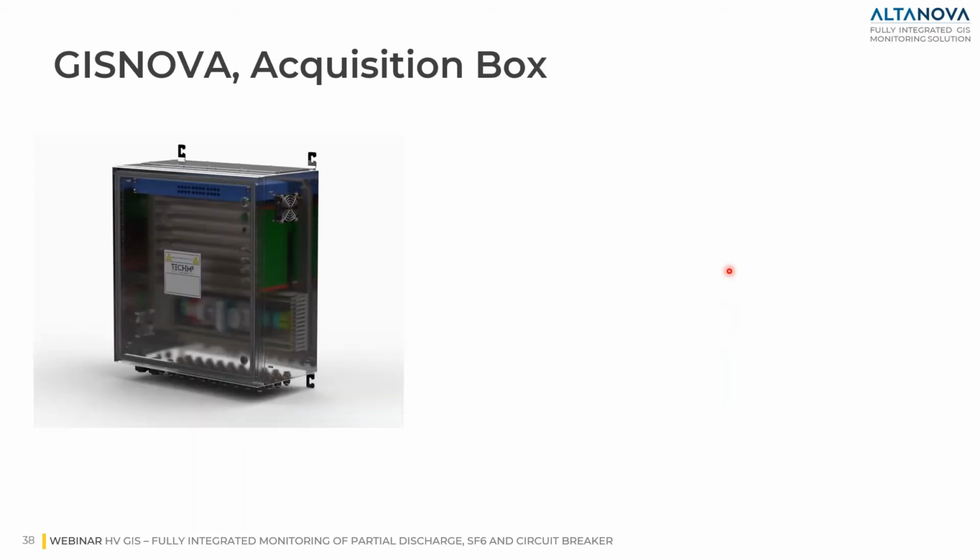Here you have an example of the acquisition box, because multiple acquisition boards can be mounted together in a protective enclosure for both indoor and outdoor application, or an industrial rack. So we have basically 4 PD channels for each board, 40 channels in total for each box.